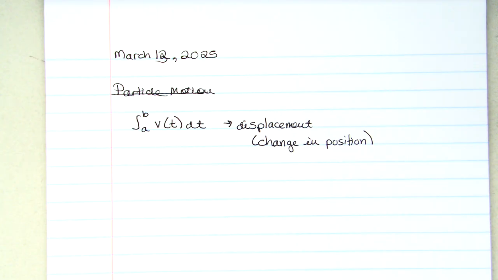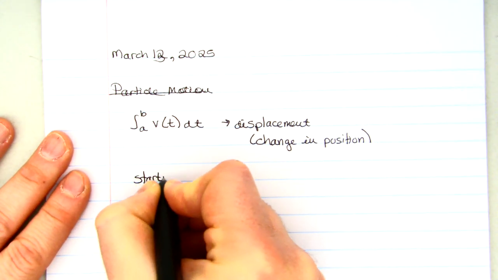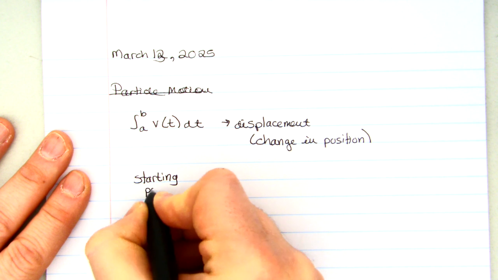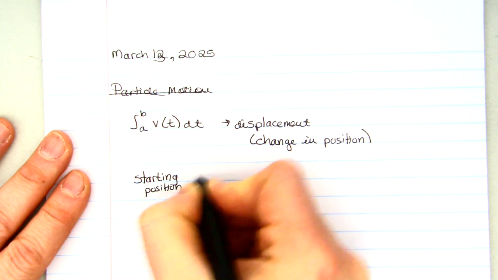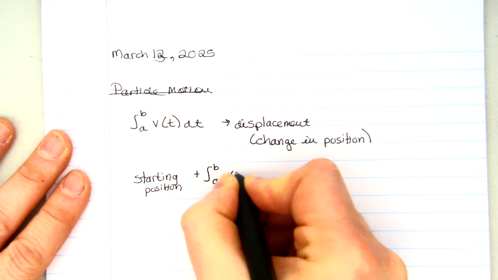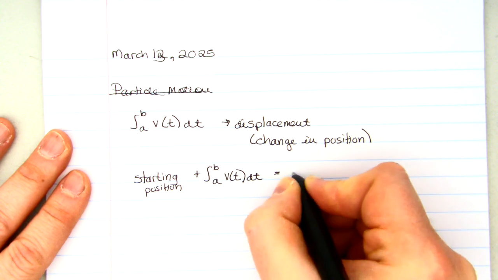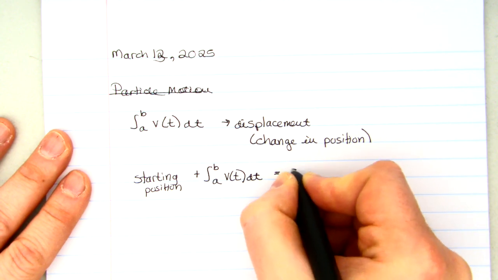Next thing we have to deal with. If I want to find my final position, I can take my starting position and add my displacement to that, and that's going to give me my ending position or final position.